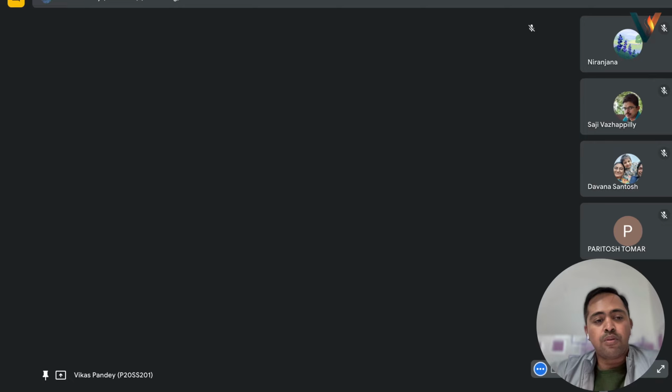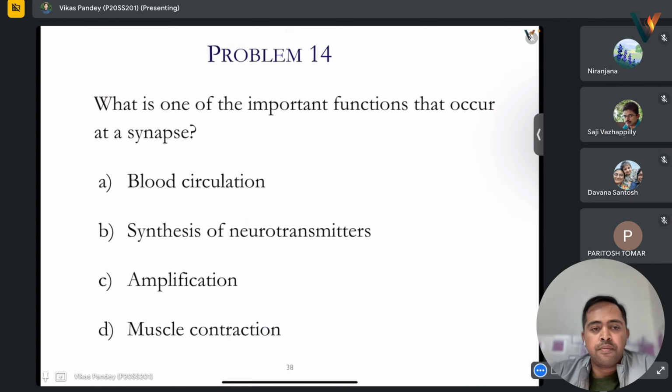What is one of the important functions that occur at a synapse? Blood circulation, synthesis of transmitters, amplification, or muscle contraction? Anyone?